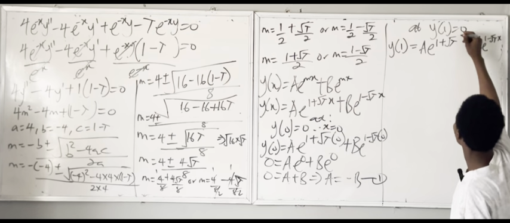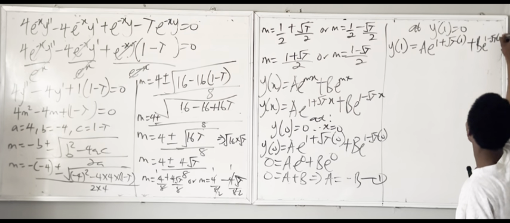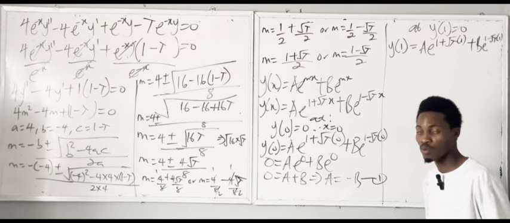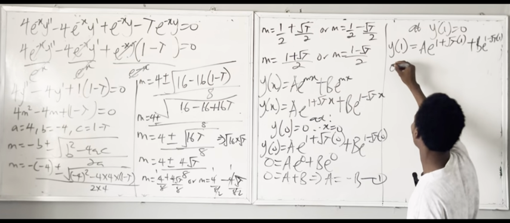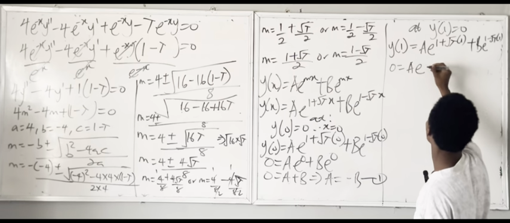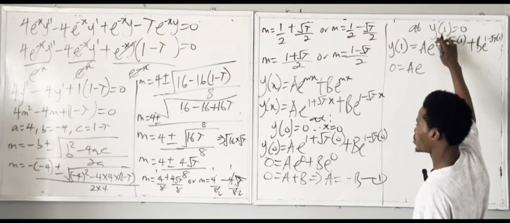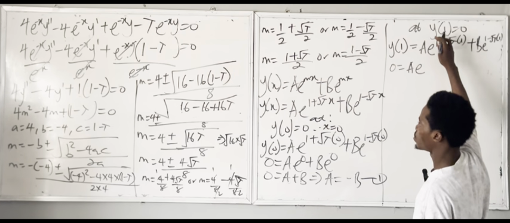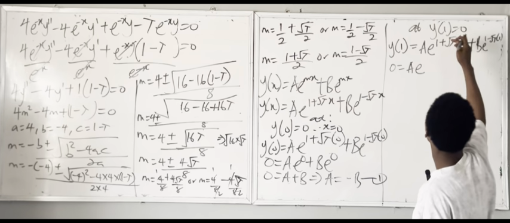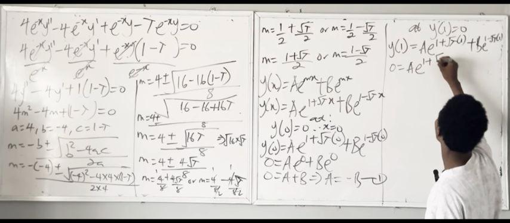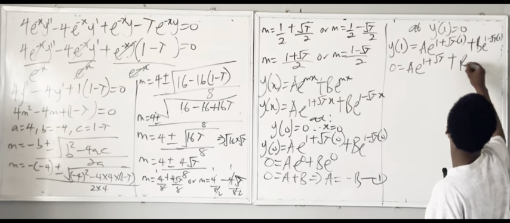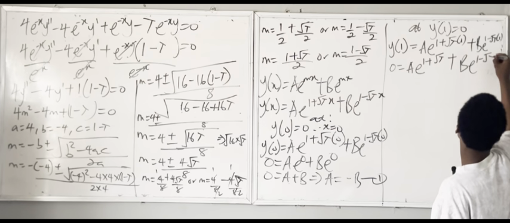So my x is 1, and I'm going to have the same thing because everything multiplied by 1 will give me the same. So y of 1 is 0: a exponential 1 plus root lambda plus b exponential 1 minus root lambda.